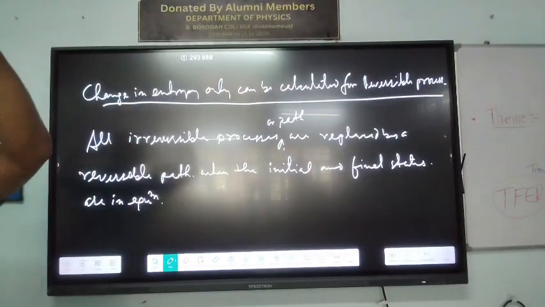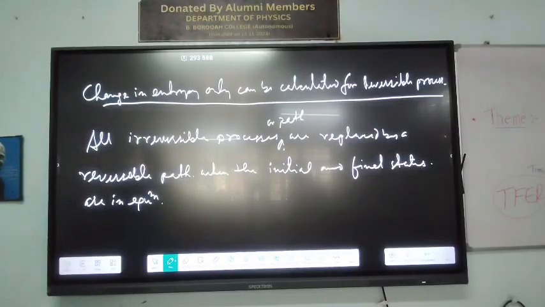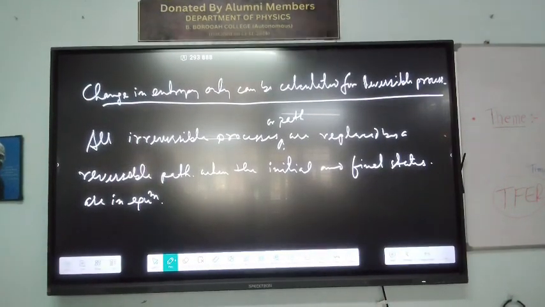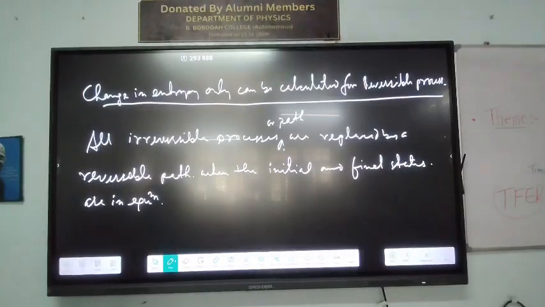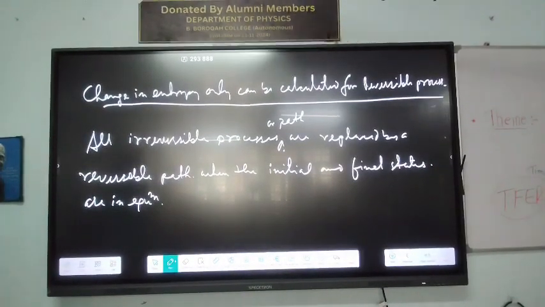So as long as my initial state and final state are in equilibrium, in that situation I can replace the irreversible path by a reversible path. And once we replace the irreversible path by a reversible path, then I can calculate the change in entropy.